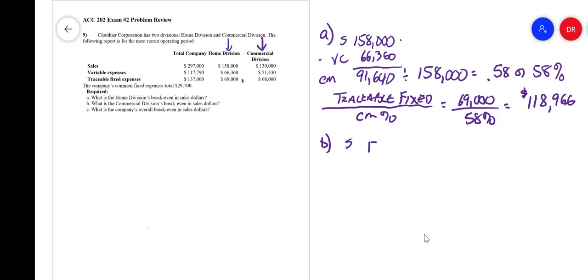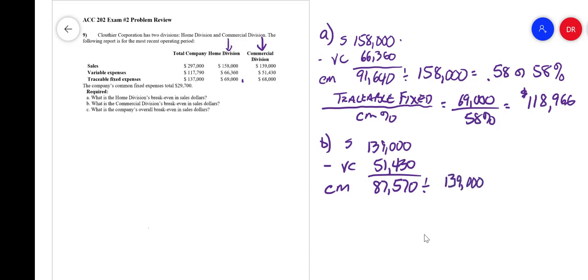We take the sales of 139 minus the variable expense or variable cost of 51,430 to arrive at a contribution margin of 87,570, and we divide that by the sales of 139,000 in order to get a contribution margin ratio of 0.63 or 63%.